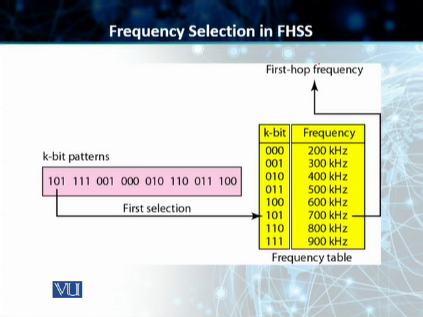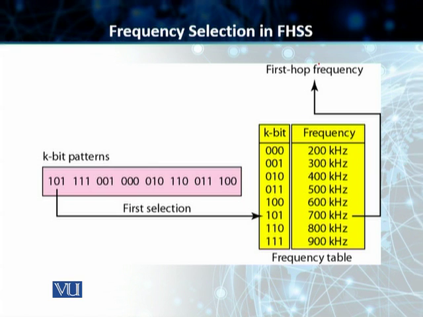Students, I told you about the frequency table, so let's talk about that a little further. In this case, we have assumed that we are using 8 different hopping frequencies. This is essentially a very low number of frequencies for real-time applications, and it's just for me to explain this concept to you.